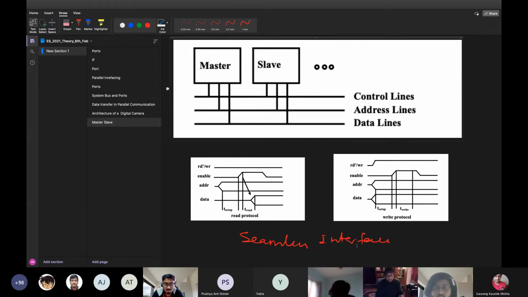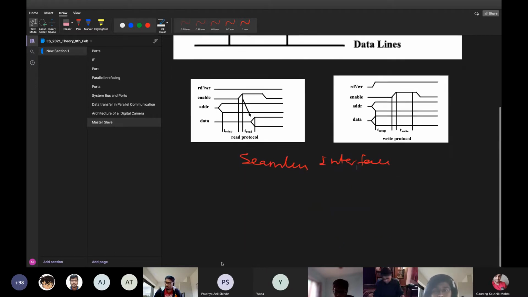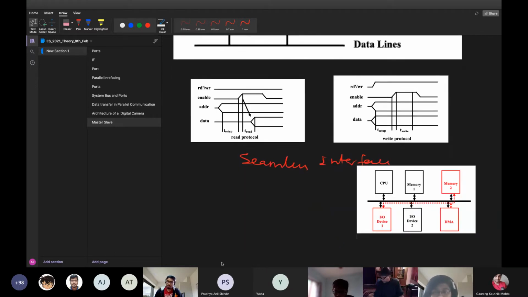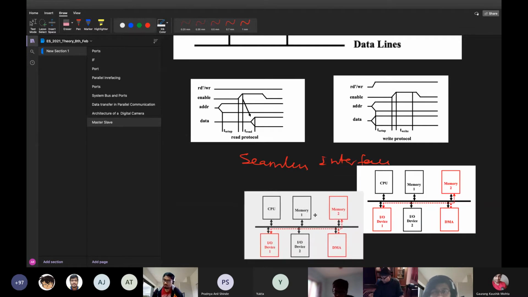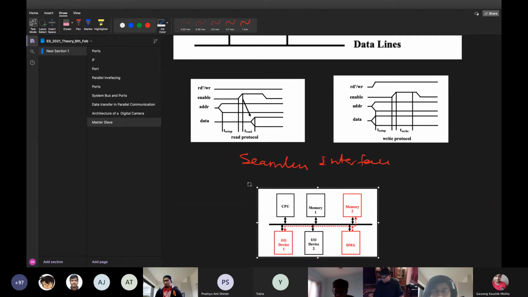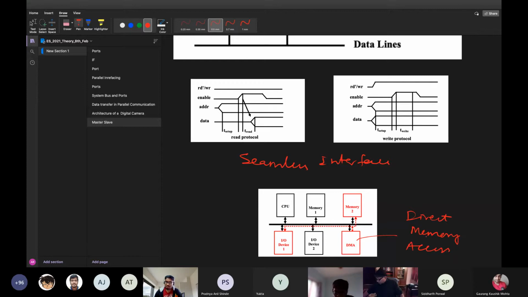This is a typical architecture: CPU, memory 1, IO device. This is DMA. DMA stands for direct memory access controller.